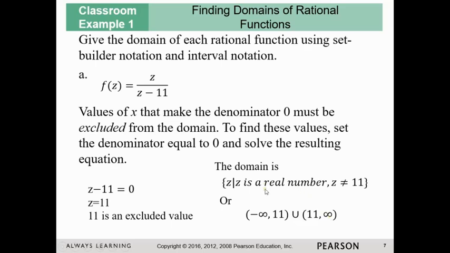In set builder notation, you identify the excluded value by putting z not equal to the excluded value. Big difference here: this is set builder notation, and this is interval notation.